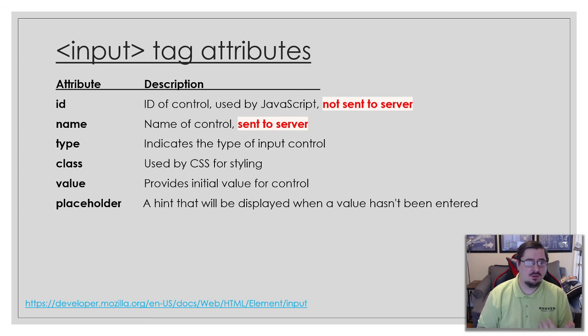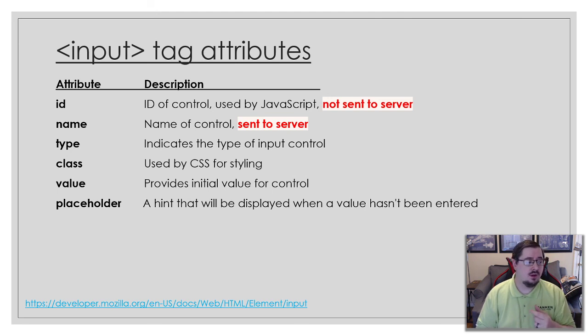So first up is going to be the ID. IDs, again, this is HTML ID. You're going to see this on all sorts of elements. But we're going to typically need to add that to refer to it in JavaScript. So just like we added an ID to the form tag to refer to it in JavaScript, we're also going to add an ID to each of their individual controls to refer to them in JavaScript.